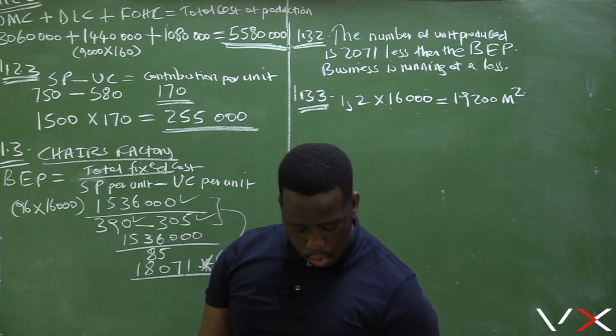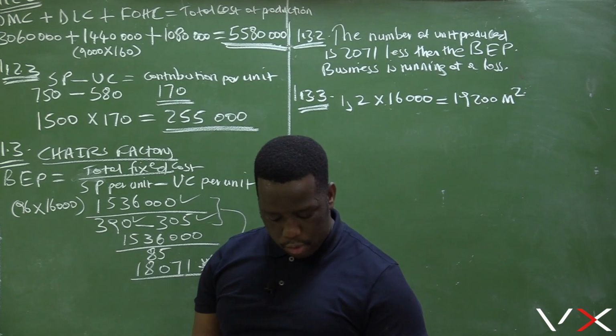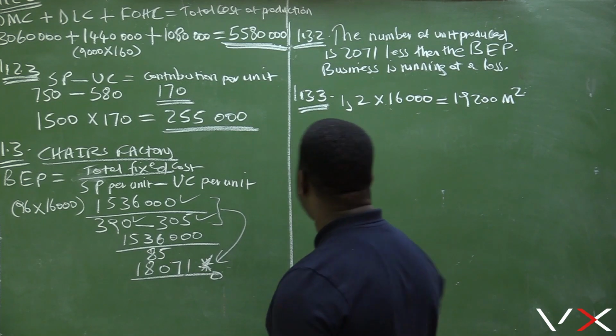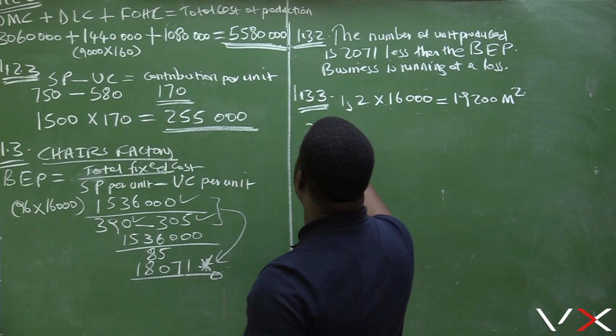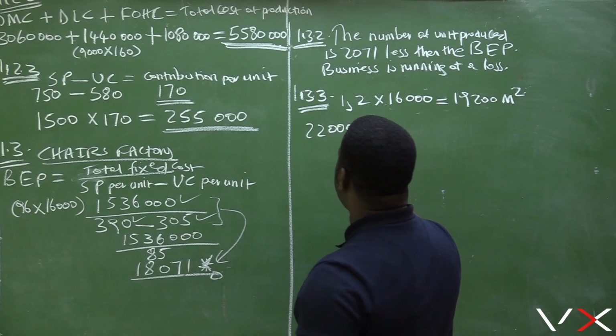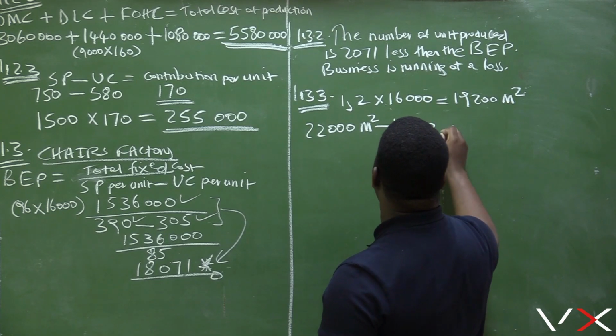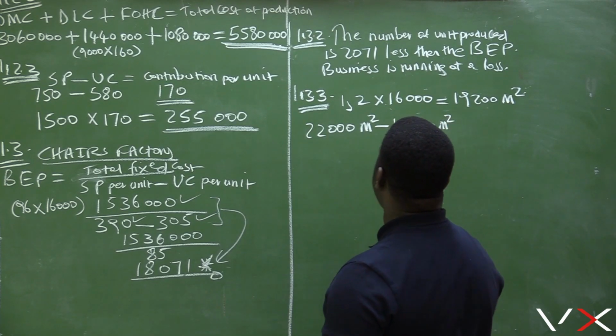But we are told here that during the year, 22,000 square meters of wood was dispatched to the factory. The factory used 22,000 square meters of wood. So 22,000 square meters of wood minus 19,200 square meters that should have been used.